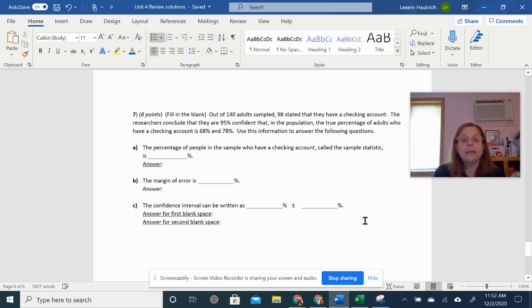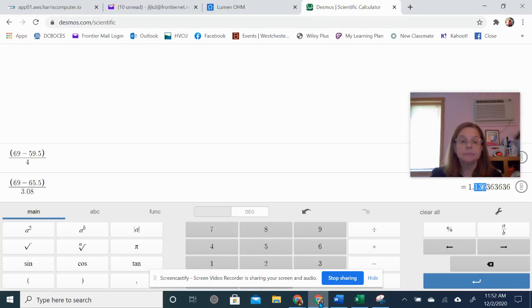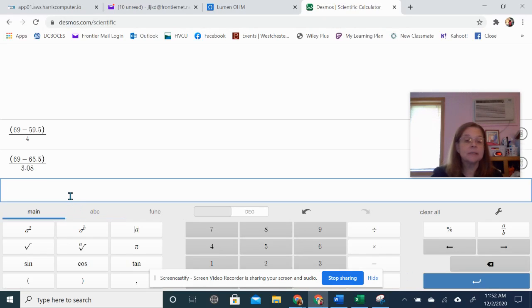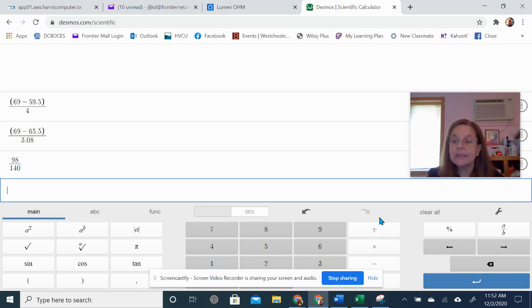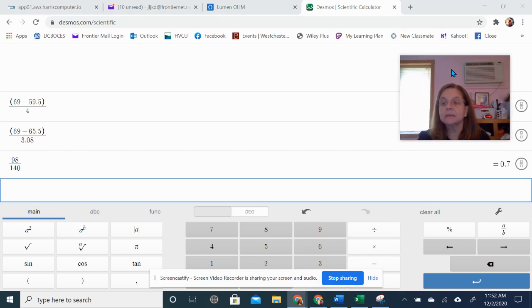Fill in the blanks. Out of 140 adults sampled, 98 said they have checking accounts. As soon as I see that, 140 sampled, 98 have checking accounts, first thing I'm doing is this. 98 divided by 140. That's going to give me the sample statistic.